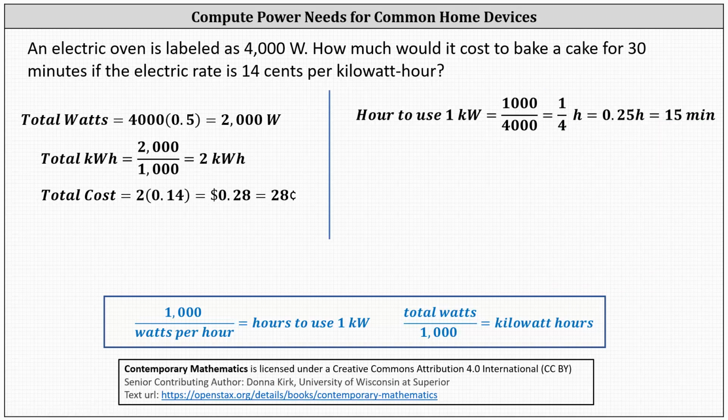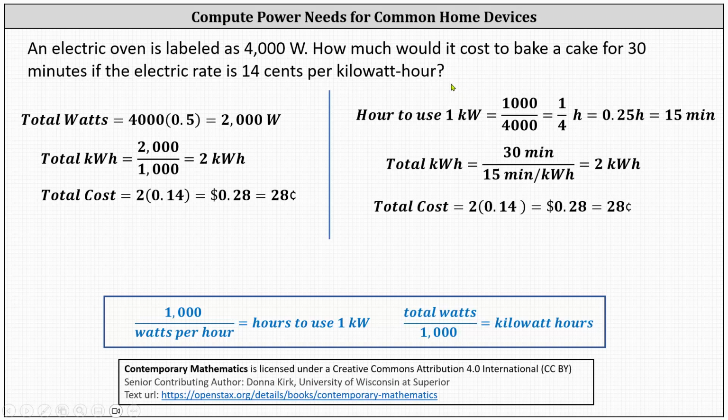So if it takes 15 minutes to use 1 kilowatt and the oven is on for 30 minutes, to determine the number of kilowatt hours, we divide 30 by 15, which is equal to 2, giving us 2 kilowatt hours. And therefore, once again, the total cost is 2 times $0.14, or 28 cents. Whatever method we use, it would cost 28 cents to bake the cake.